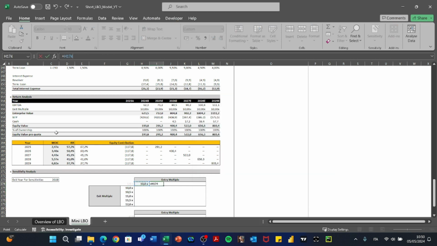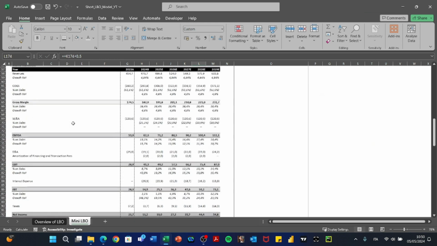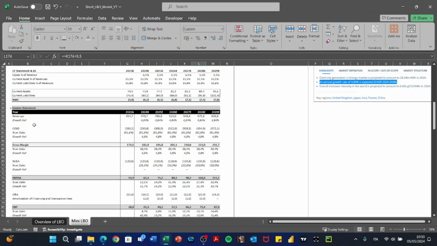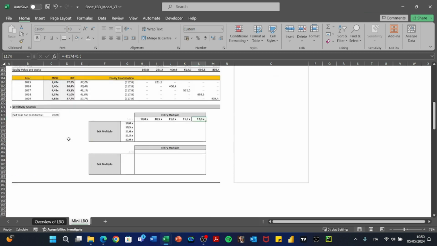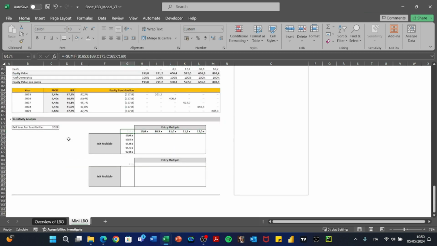And the same here. Obviously, you can do all the sensitivity you want. You could also create, I don't know, scenario analysis with hypothesizing, for instance, base case, conservative case, optimistic case if you want. You can see that in our video.